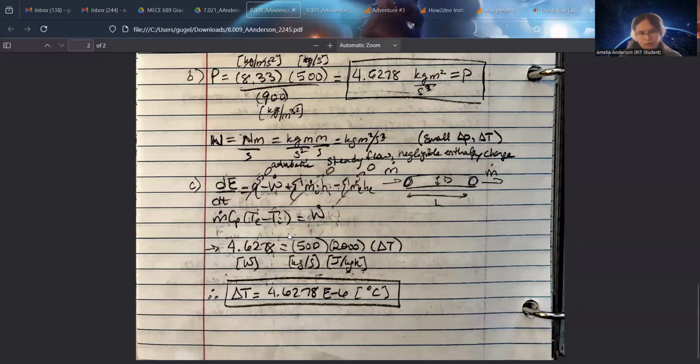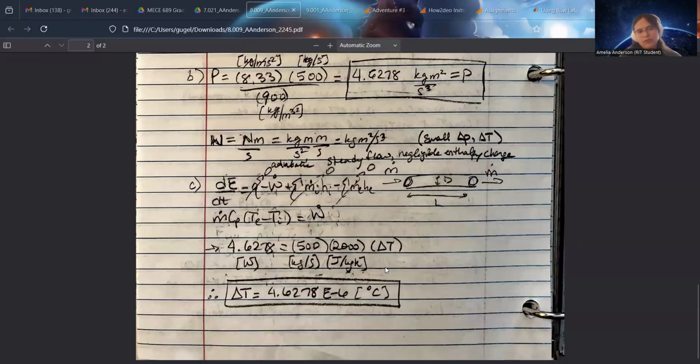If we do that, we're putting in 4.62 watts, and we're going to say m dot Cp delta T. Our kilograms cancel out here. Our kelvins cancel out here. We get joules per second, which is watts.